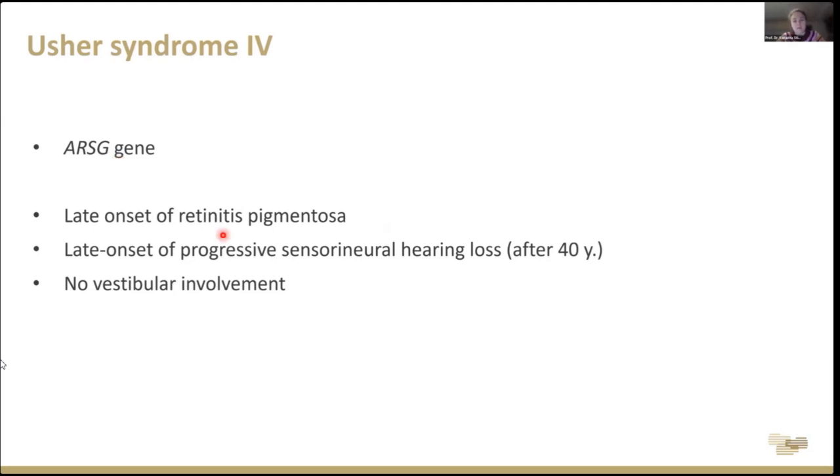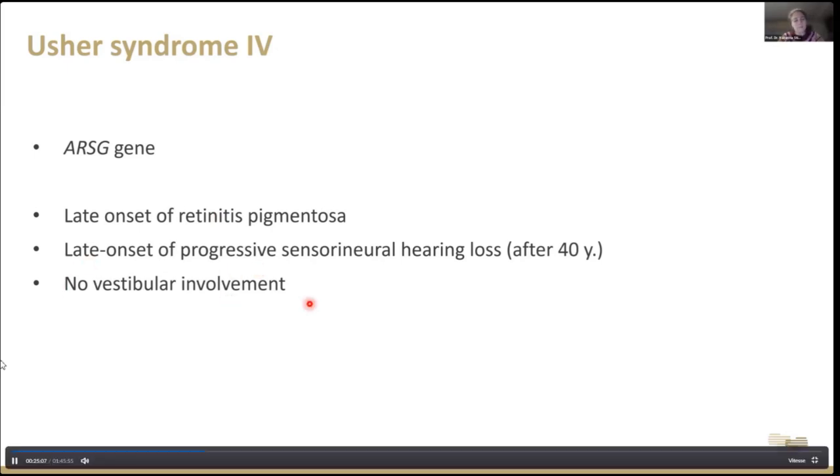We have a late onset of progressive sensorineural hearing loss, sometimes or often even in the second half of life, and also a late onset of retinitis pigmentosa. So this type of Usher syndrome seems to be the less severe one, and also we do not have any vestibular involvement here.